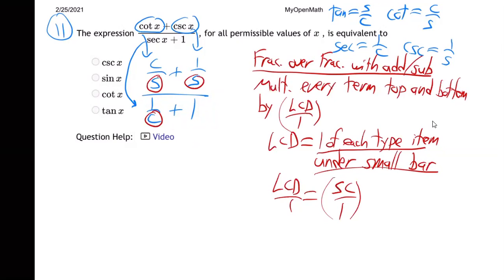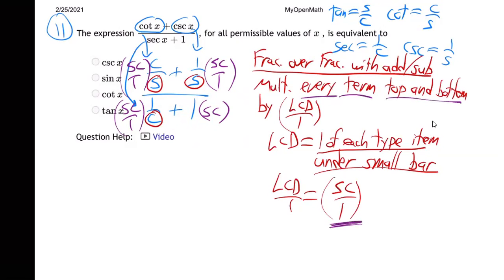And what am I going to do with it? I'm going to go SC over 1. SC over 1. And here, I'm just going to go SC. You don't need to do the over 1. It's not a fraction. It's the same thing, though. Is that making sense? I multiply every term, top and bottom, by the LCD over 1, the SC over 1.